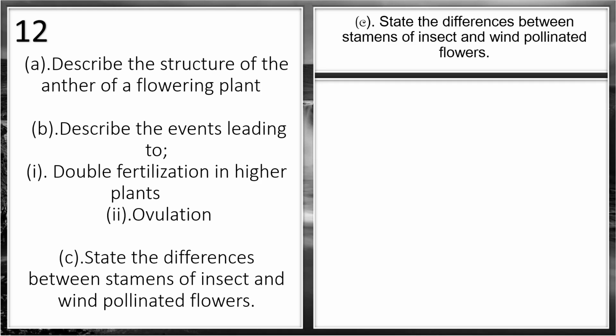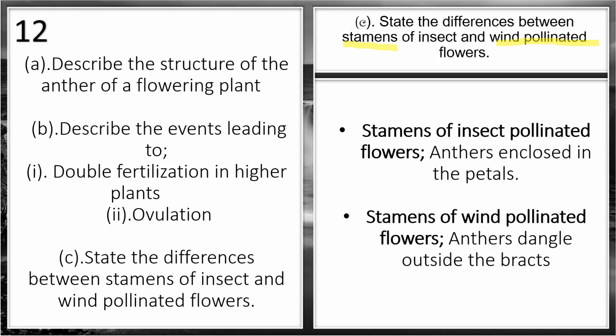Part C. State the differences between the stamen of insect-pollinated and wind-pollinated flowers. In insect-pollinated flowers, the anthers are enclosed in the petals, whereas in wind-pollinated flowers, the anthers dangle outside the bract.